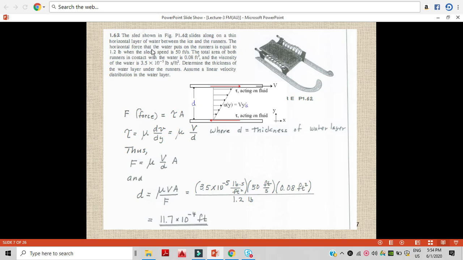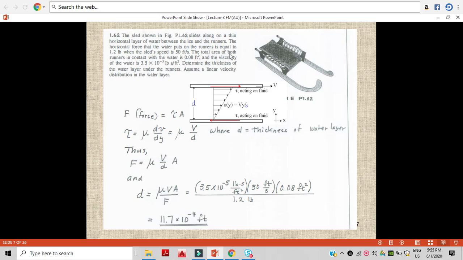The horizontal force that the water puts on the runner is equal to 1.2 pound when the sled's speed is 50 feet per second. The velocity of the runner or the sled is 50 feet per second.